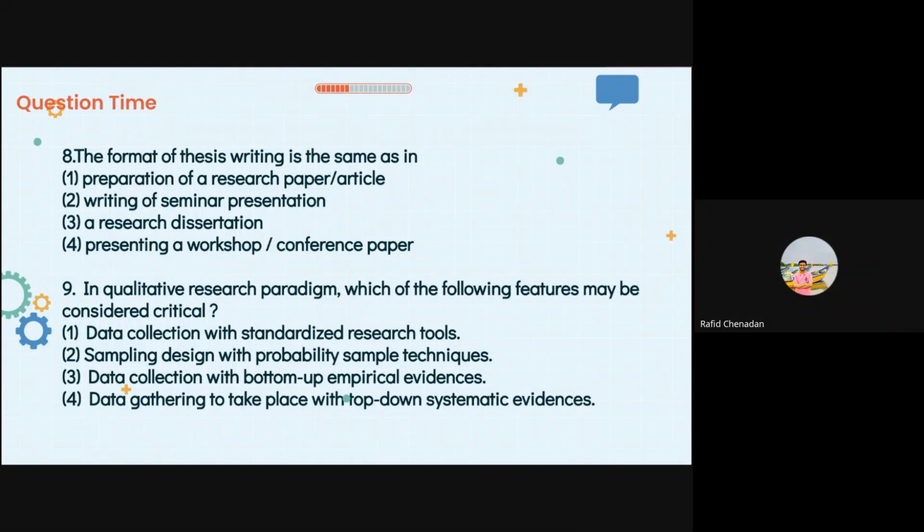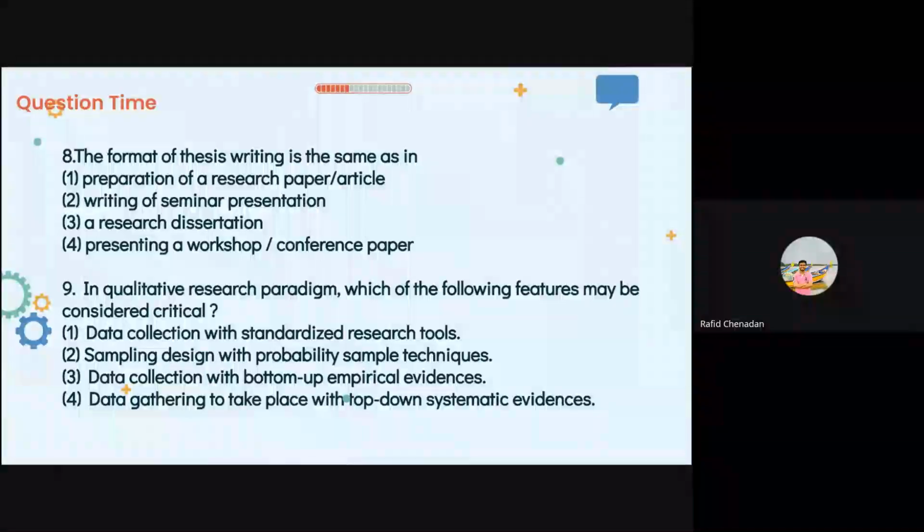Again, sampling is also not a critical part of qualitative research, because sampling is a part of data collection, which is not necessary. And the third option, data collection with bottom up empirical evidence. This bottom up part is important, and that makes it the right answer.